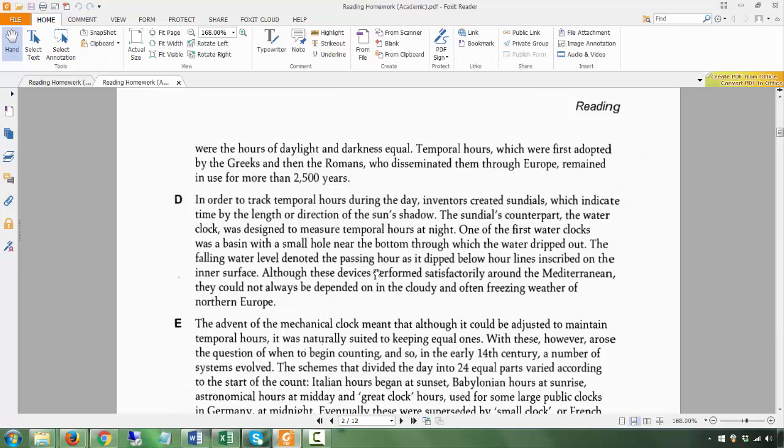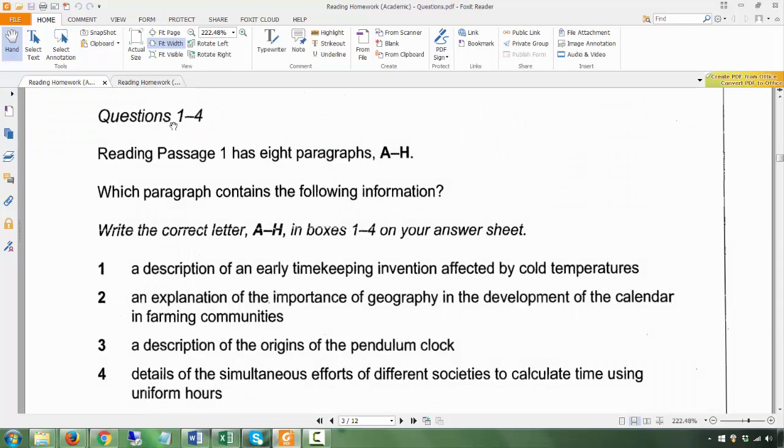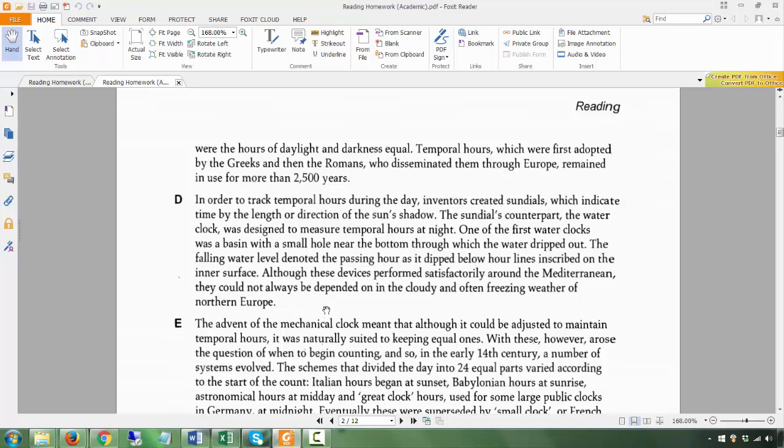Although these devices performed satisfactorily around the Mediterranean, they could not always be depended on, okay? If they could not be depended on, it means basically they're affected by something, okay? So they could not always be depended on in the cloudy and often freezing weather of Northern Europe.